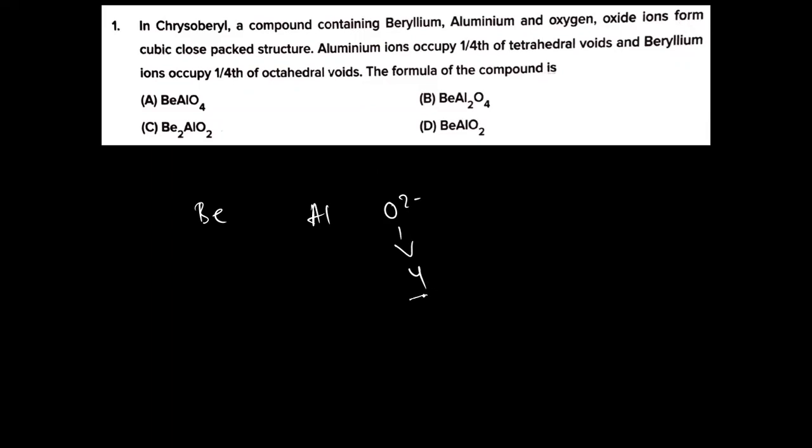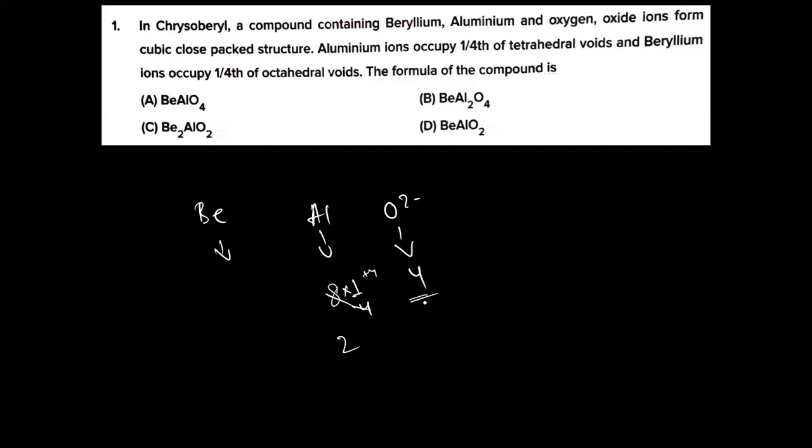So we know that if number of particles are 4, then total number of tetrahedral voids will be 8. So among 8, 1/4 of tetrahedral voids are occupied by aluminium. So that is 2, and beryllium. So beryllium ion occupies 1/4 octahedral voids.